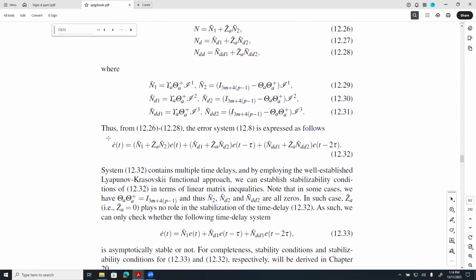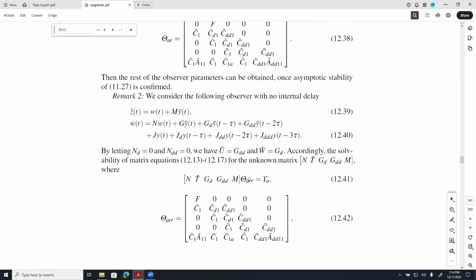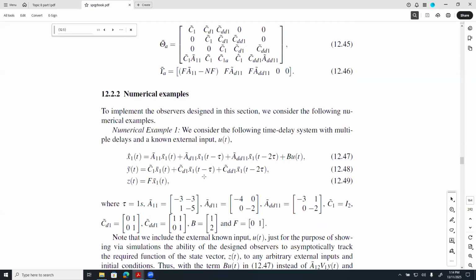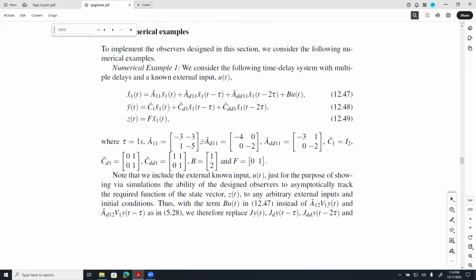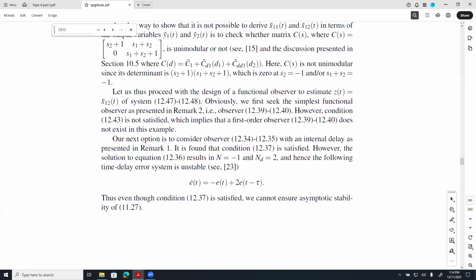Okay. There was an example in this chapter, and during the process of finding a generalized functional observer for this example, we found that an observer with a first order with an internal delay does not exist.